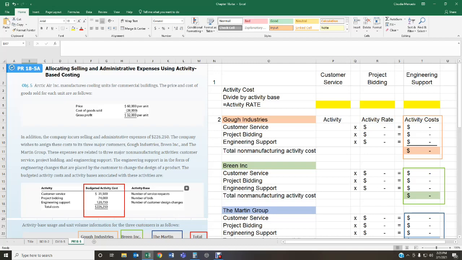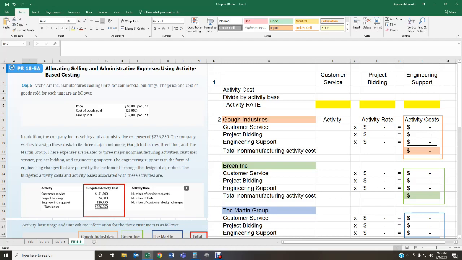And in the real world, wherever you work, Excel is highly used. So I just like to use it. And instead of writing it out, I'll just use Excel to demonstrate how to either set up the problem or complete the problem.